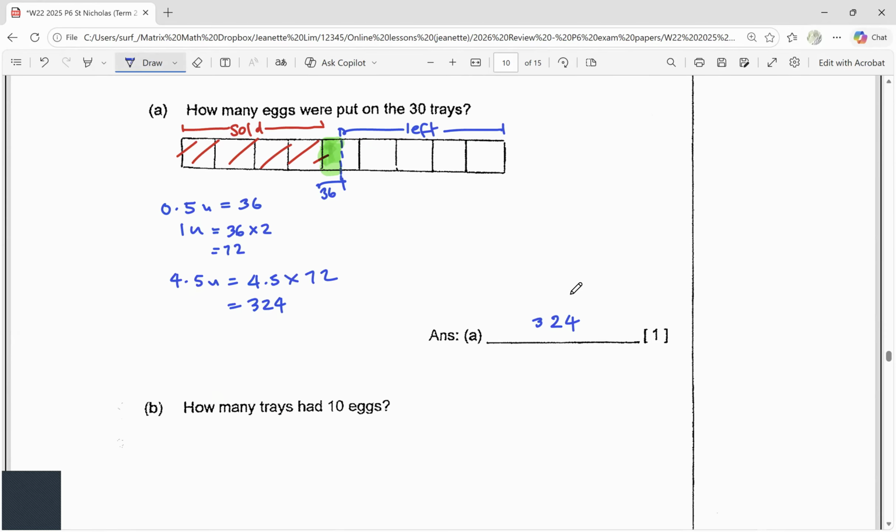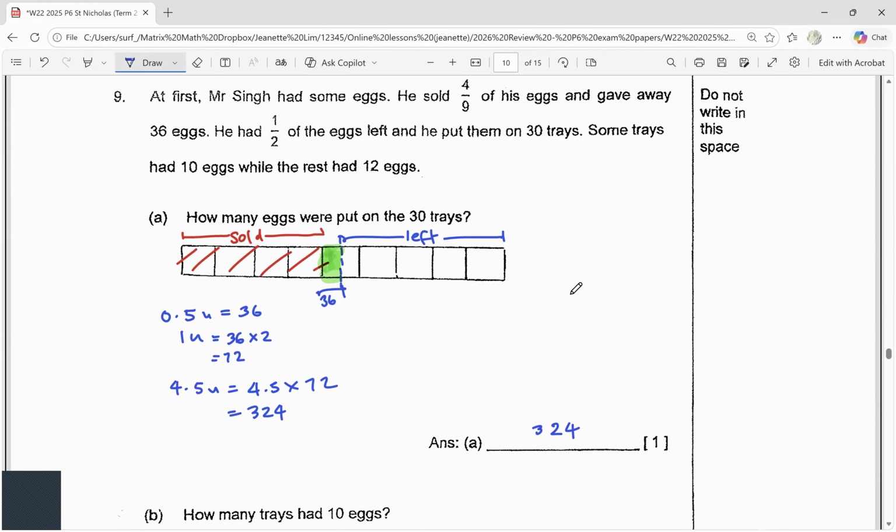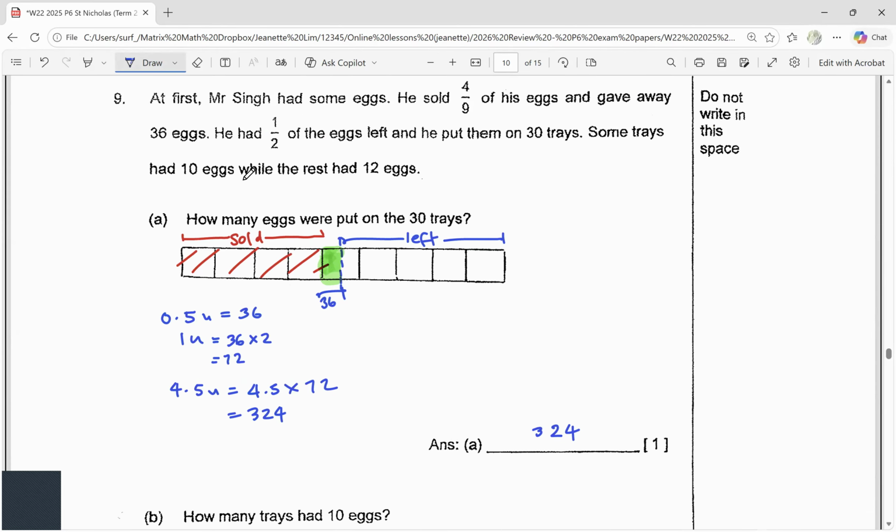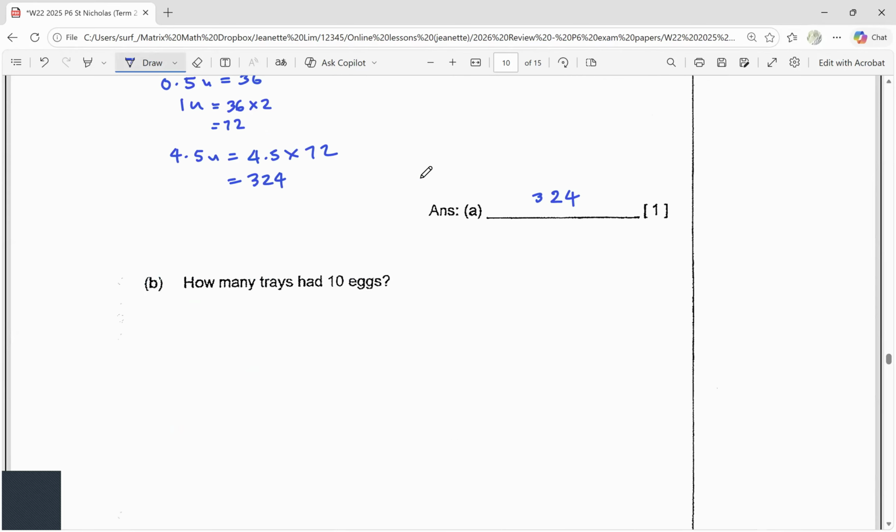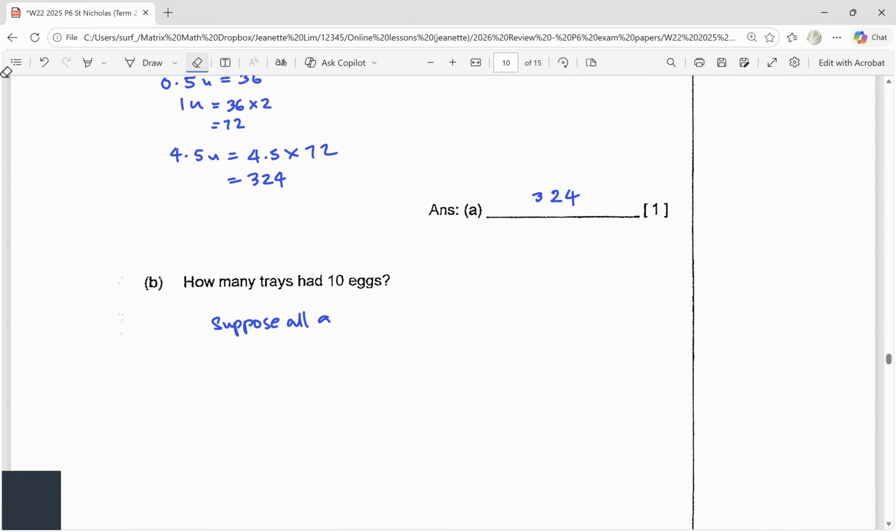Okay, out of this 324, some were put onto trays in groups of 10, the rest in groups of 12. So this means that we have to do supposition, okay? So suppose all trays had 12.